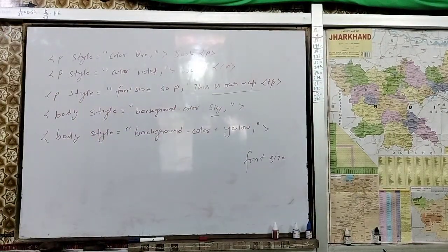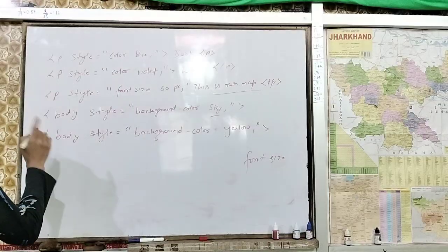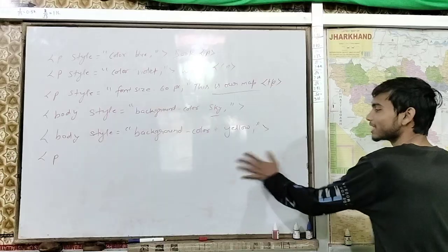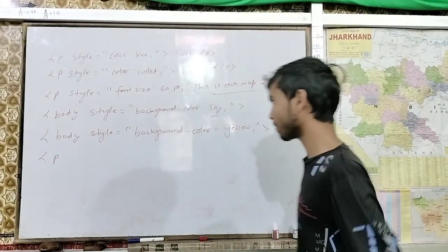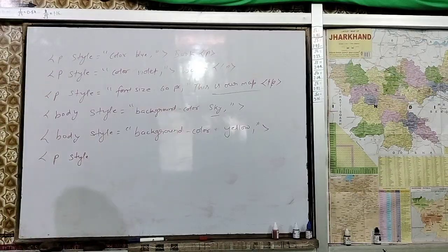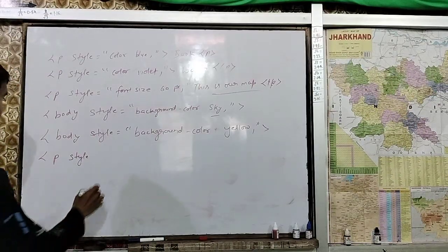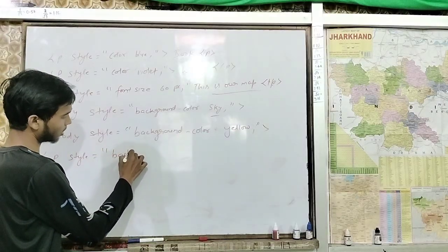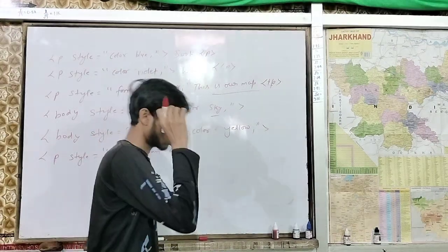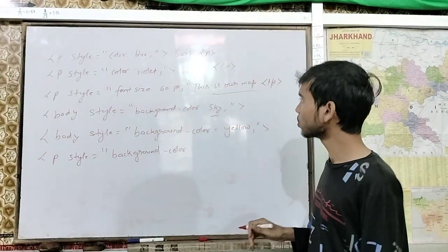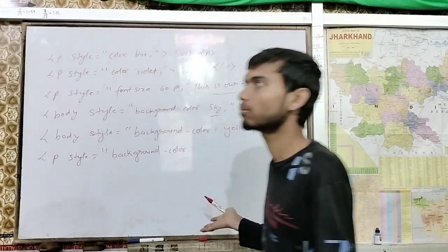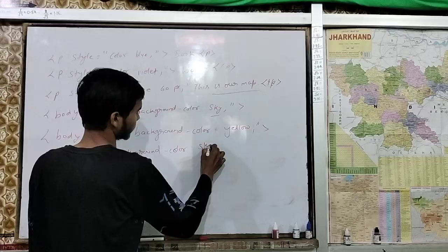Let me show. So let's say we have paragraph. You will see there will be a huge difference, I would say. This paragraph, then we have style. Then background color, let's say a sky.